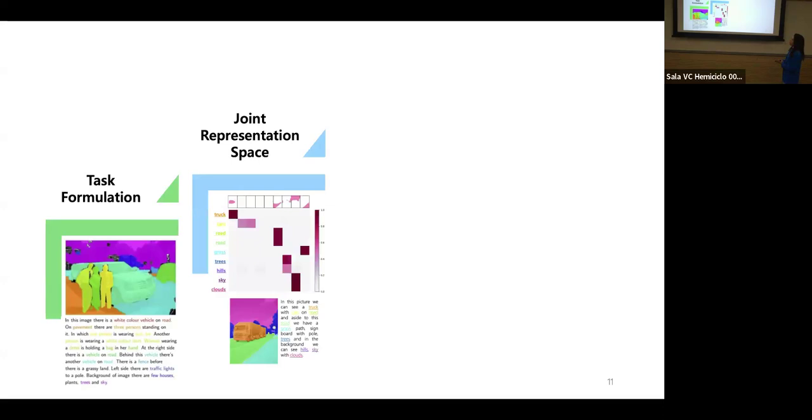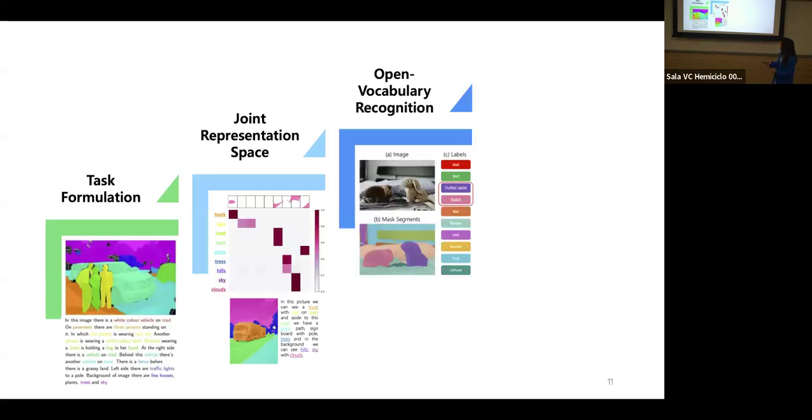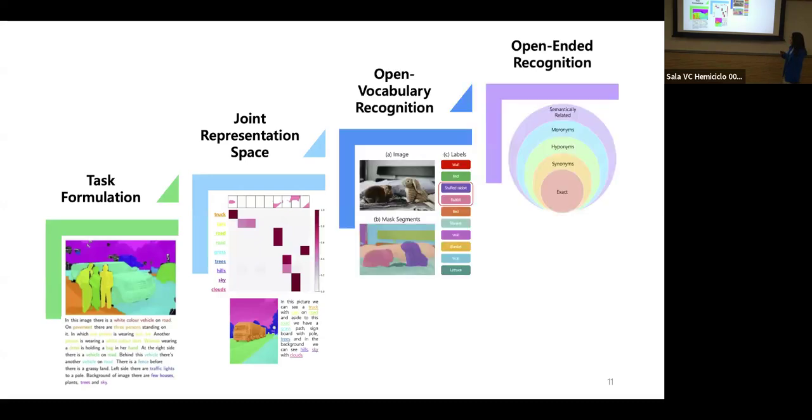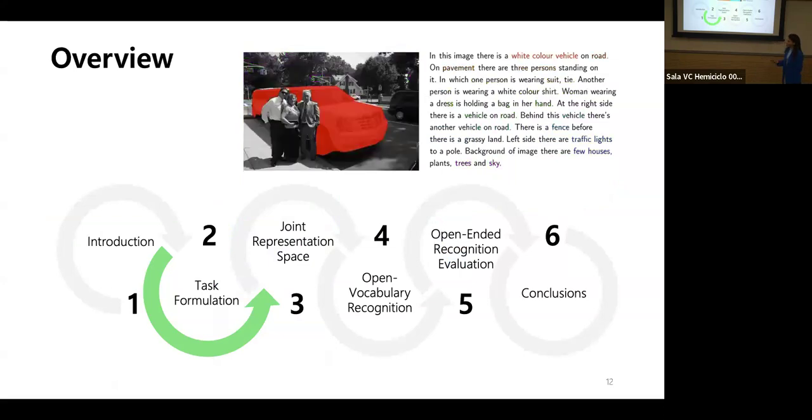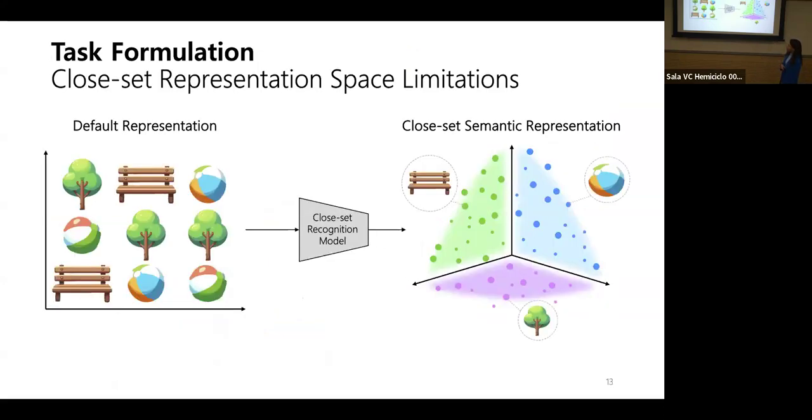Then we took one step forward to build a model to learn this joint representation space. We extended to the open vocabulary recognition task. And finally, we arrived at the goal task, open-ended recognition, and propose some evaluation metrics to include different semantic levels. So let's start with the task formulation goal.